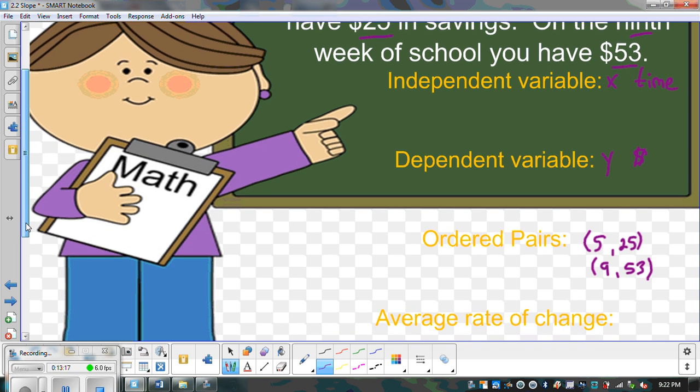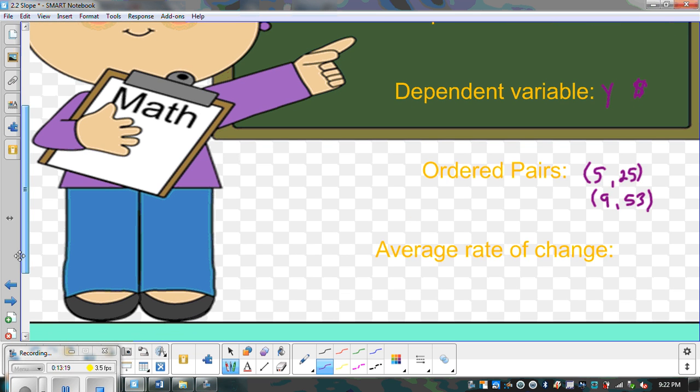And you will find from now till the end of this class, anytime you are given 2 points, the first thing you're going to be asked to find is the slope or the average rate of change. They are both meaning the same thing. So if you remember from yesterday, slope can be found by subtracting your 2 y values on top and subtracting your 2 x values in the denominator.